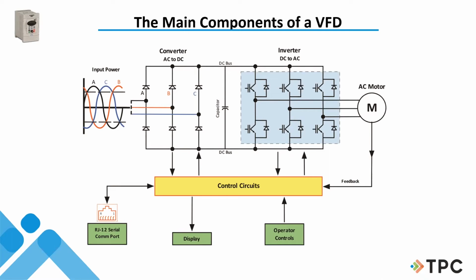So then we take our DC power and we invert it back to AC through some IGBTs. This is where we start changing the voltage and the frequency. By turning these IGBTs on and off, we can affect the voltage and the frequency, and that's what we're sending out to our motor.